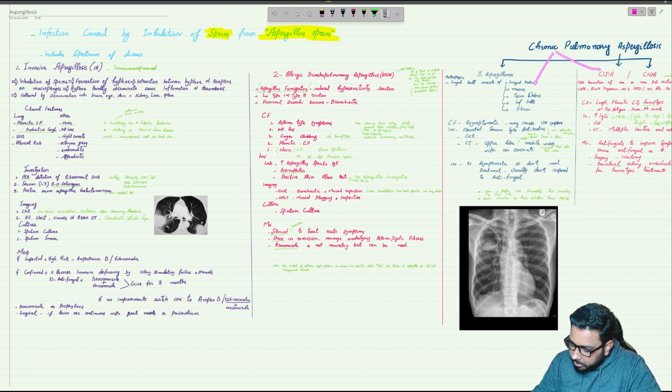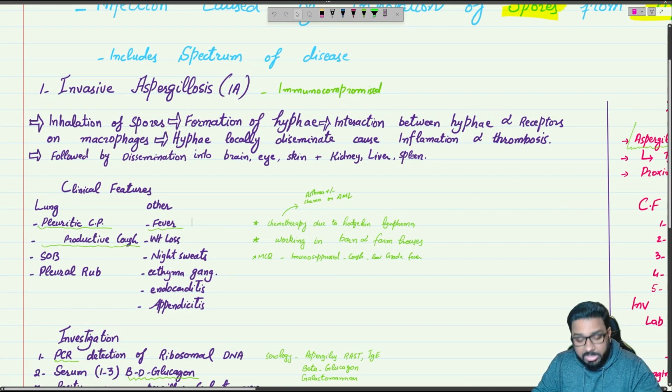Then there are further three types of chronic pulmonary aspergillosis. We will talk about that once we reach there. Let's talk about invasive aspergillosis.